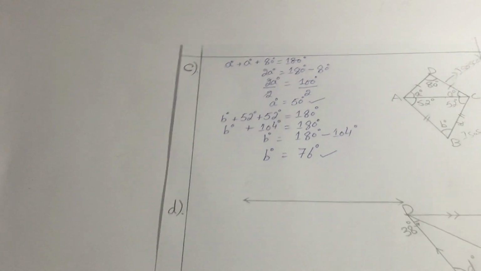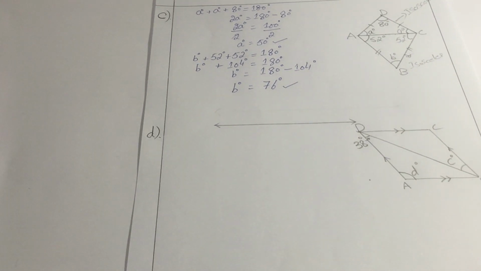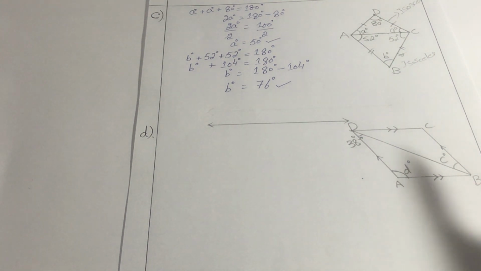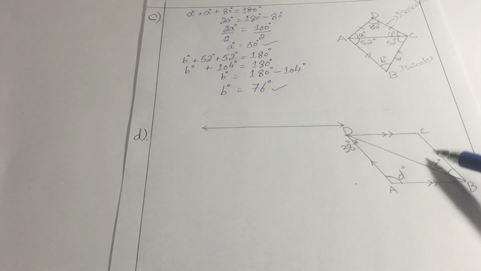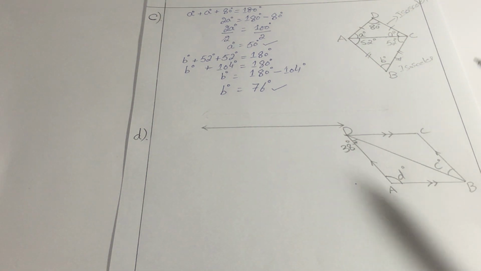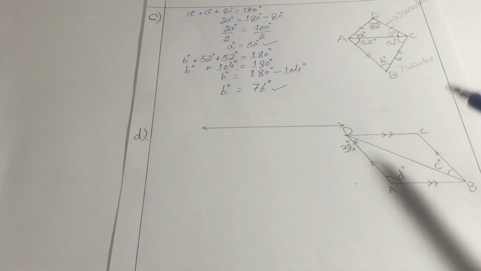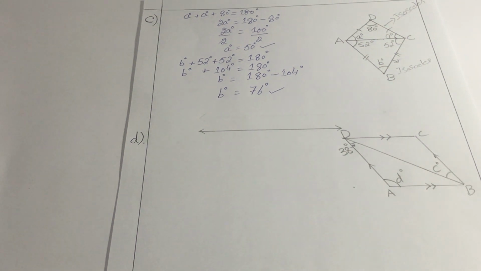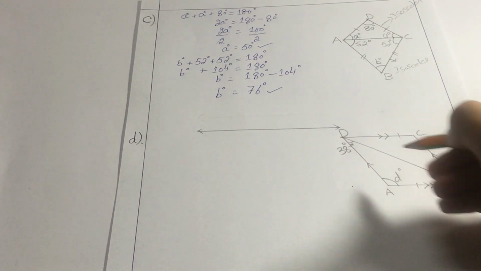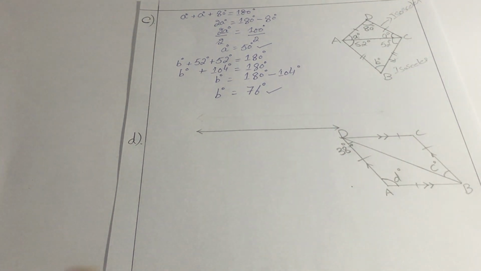Understood? Okay. Now, let's move to the last example related to your exercise 11b. Students, this shape is, yes, a rhombus. The property of a rhombus is that all four sides are equal.